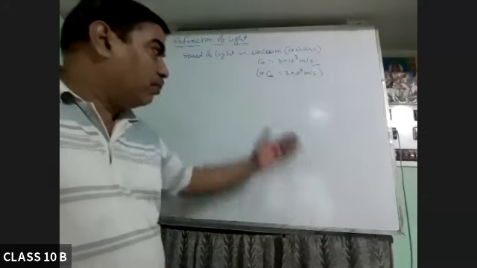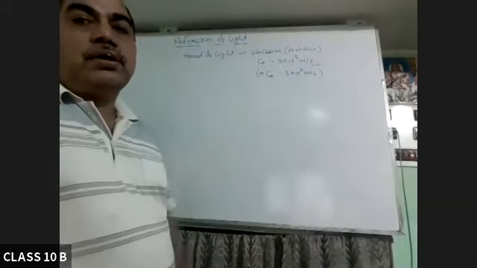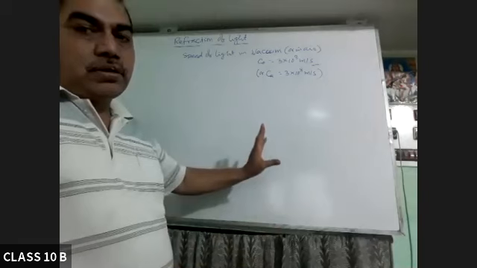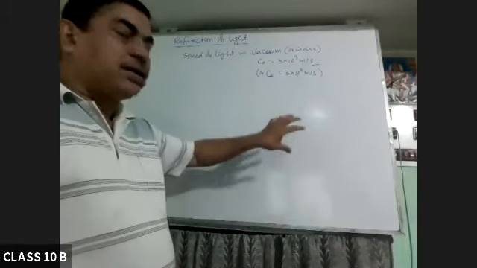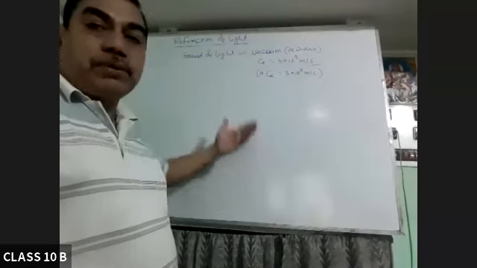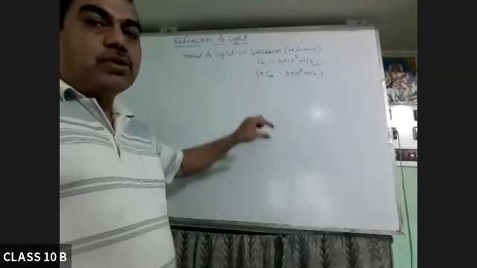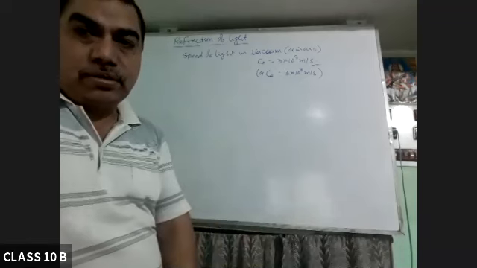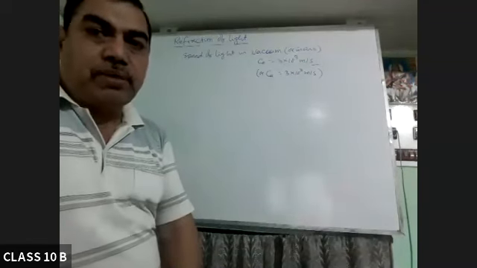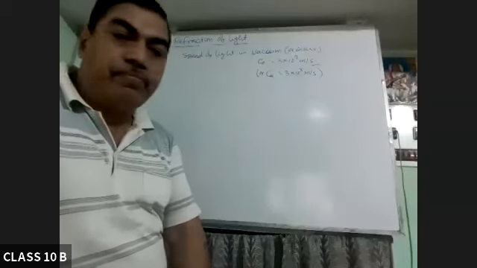On this whiteboard, when light is falling, what is happening? Some light is reflected, whereas some is absorbed. If it falls on a very smooth surface like a mirror, most of the light is reflected. So depending on the nature of the surface, the situation will change.